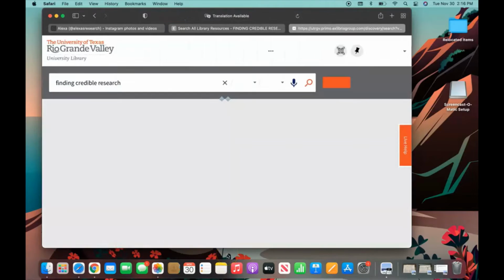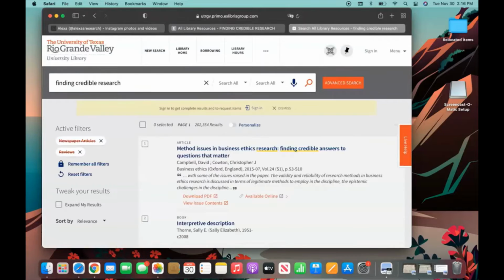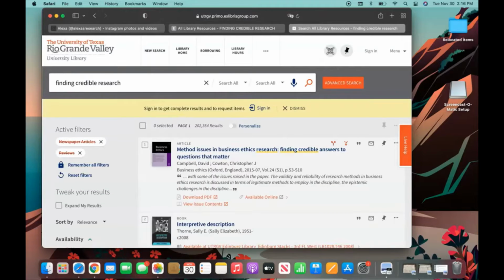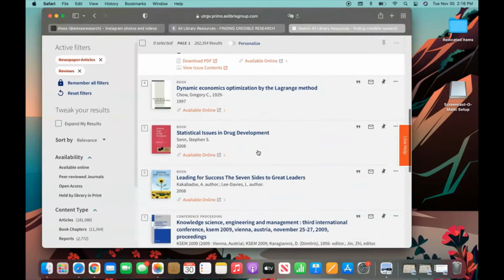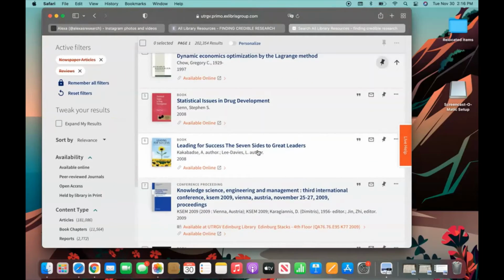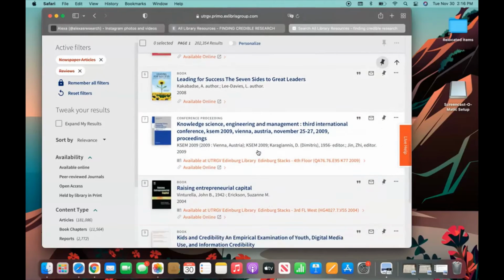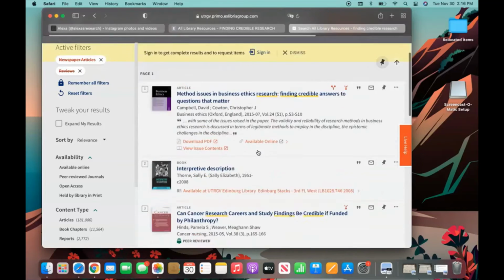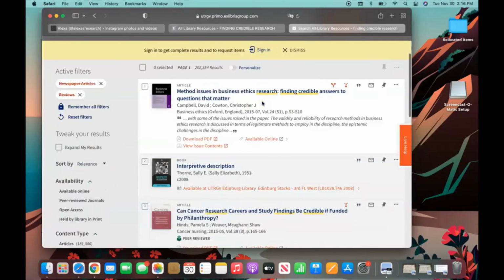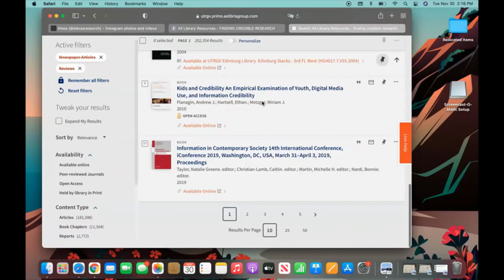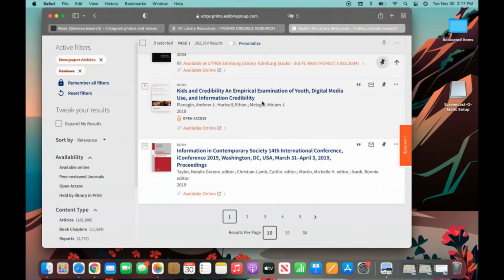And by just bringing my big question to those three small words, I am now on a page with results that are more personalized, and results that are just what I am looking for specifically. They are just focusing on research, on finding research, and on it being credible. So I can now look through all of these articles and books and find one that will work for me.